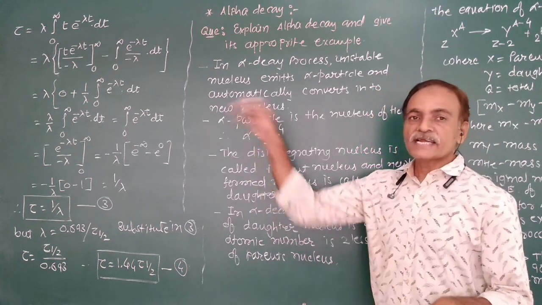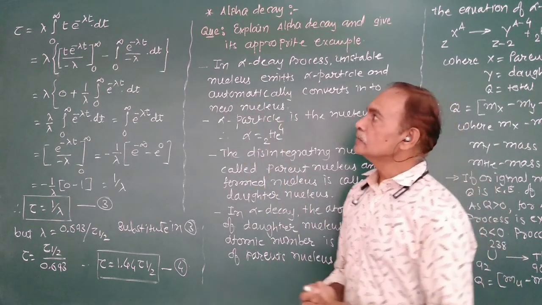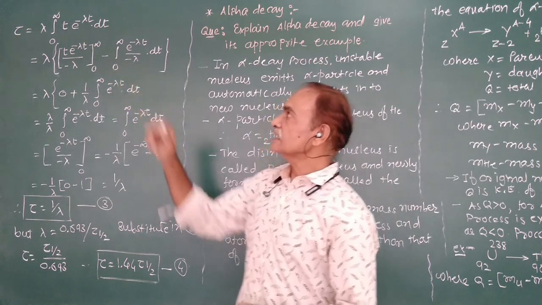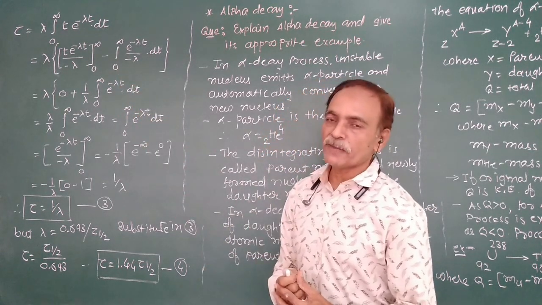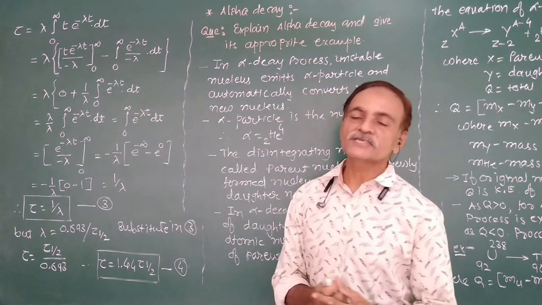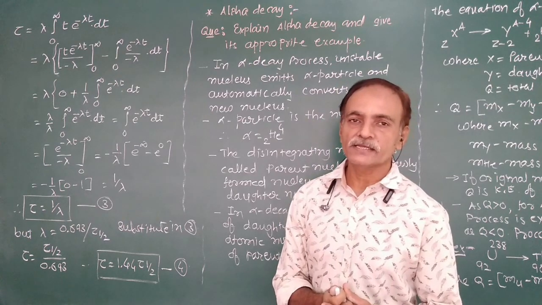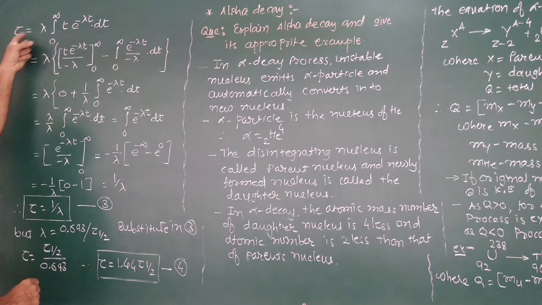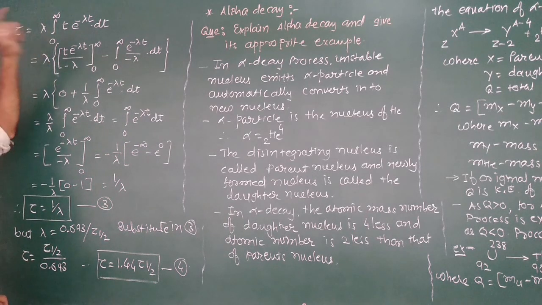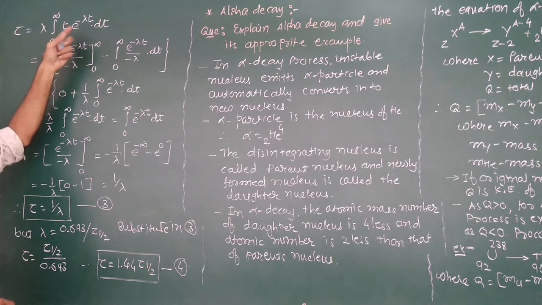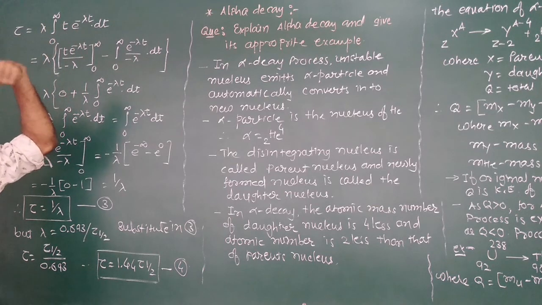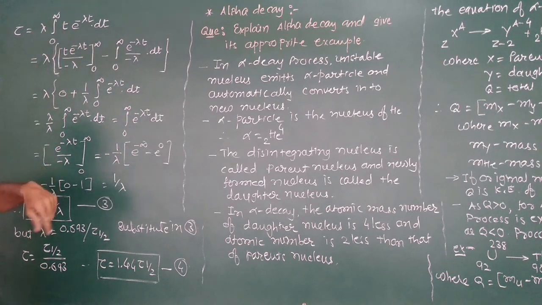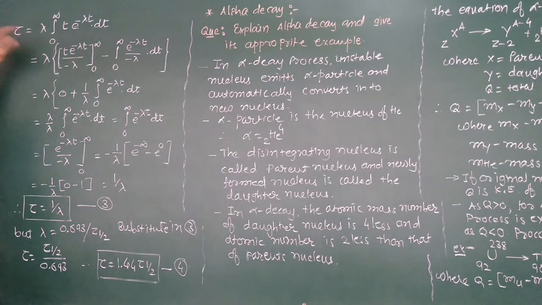Now the second equation is tau is equal to lambda integration 0 to infinity t into e^(-lambda t) into dt. That is equation number 2, right? Clear? Okay. Now we have to take the integration of this equation.